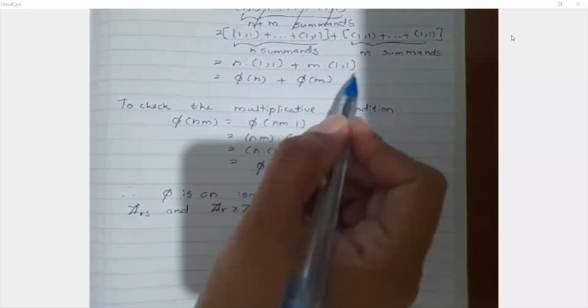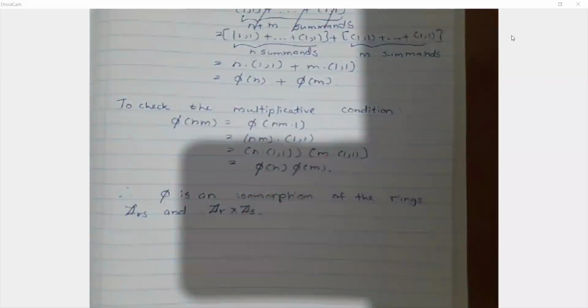Once again, you have two ordered pairs. What do we do? The usual addition defined on this direct product. Take the first component that comes from this summation, take the first component that comes from here, add those two, divide by R, take the remainder. What do we get? The same number that you get here when you compute this.